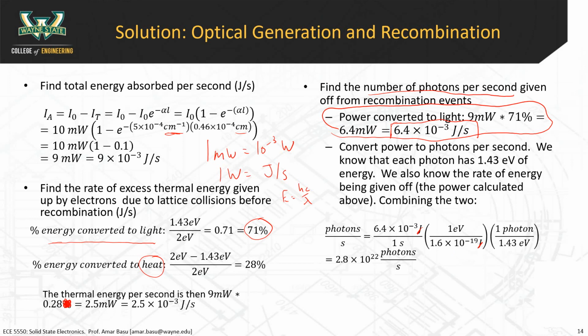The next unit conversion is that we convert electron volts into photons, because every photon gives off 1.43 electron volts of energy. By multiplying by this factor, we get rid of the electron volts, and now we're left with photons per second. So we divided by 1.6 times 10 to the negative 19, divided by the band gap, and we're left with 2.8 times 10 to the 22nd photons per second.